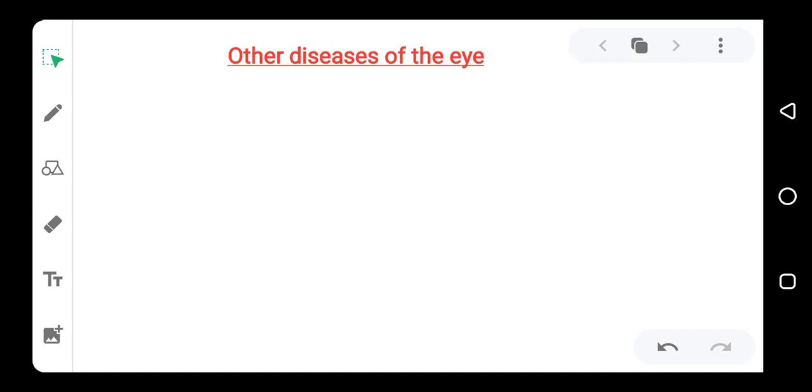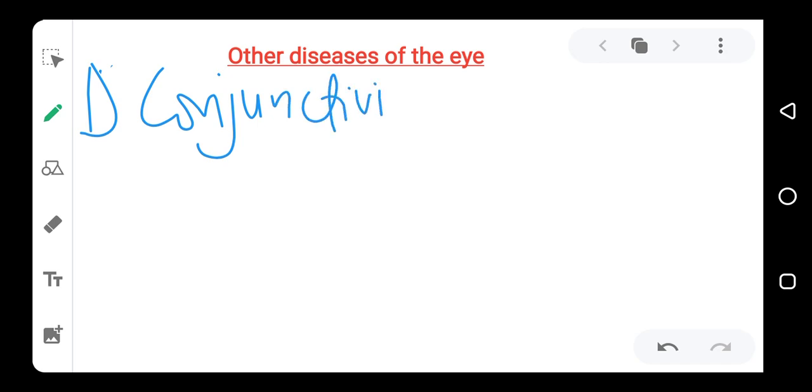In this lesson, we are going to learn other diseases that affect the eye apart from the three we discussed in the previous lesson. We are going to be learning about these diseases. Number one, conjunctivitis. Number two, cataracts.